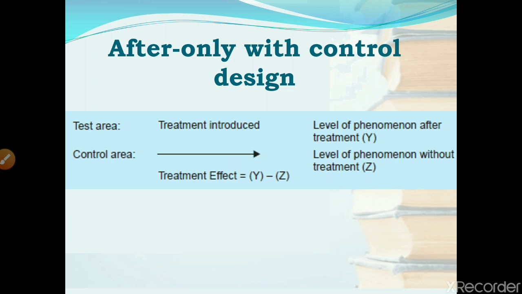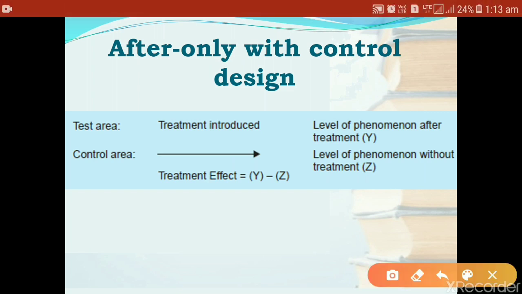The second type of design is before and after without control design. So here we are having two groups, and the treatment is introduced in the test area only. The dependent variable is then measured in both the areas at the same time.